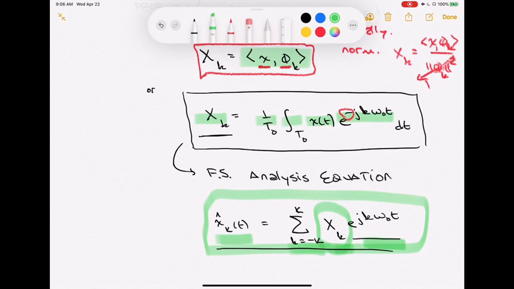We needed to find those scale factors, and they come out easily. They are just from an inner product, a projection, if you will, of x onto phi k. So I take 1 over the period, integrate over the period, the signal times the conjugate of my basis function, e to the minus jk omega naught t dt. That is the Fourier series analysis equation.